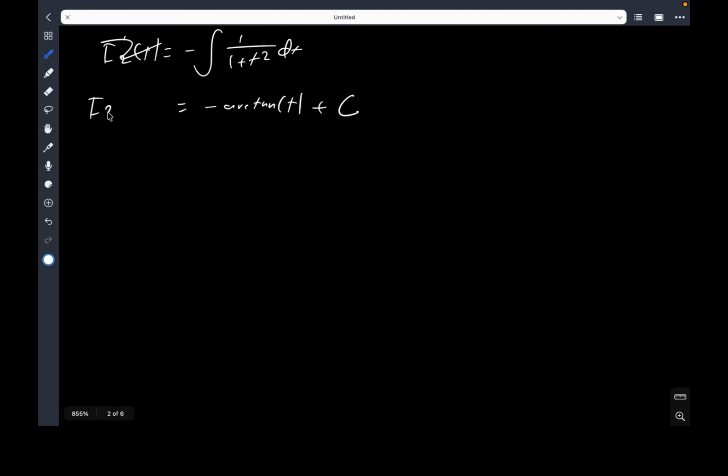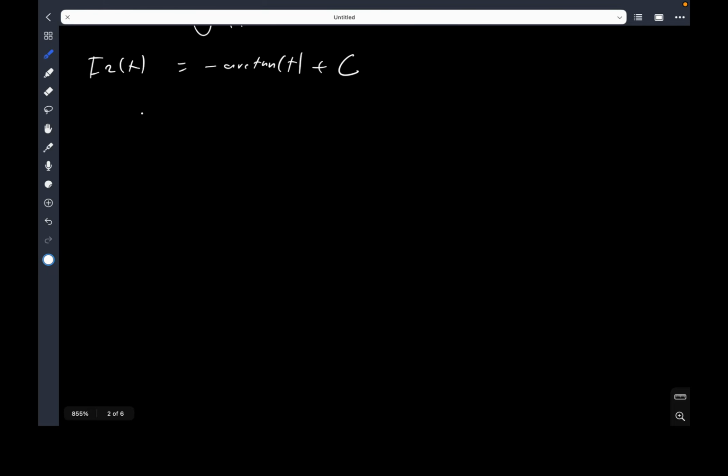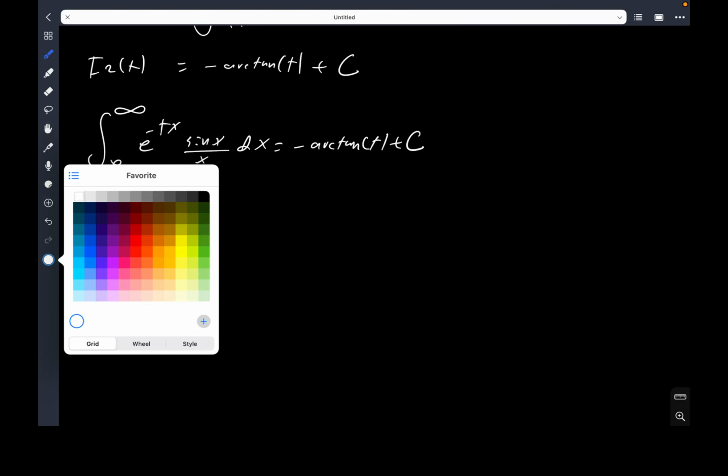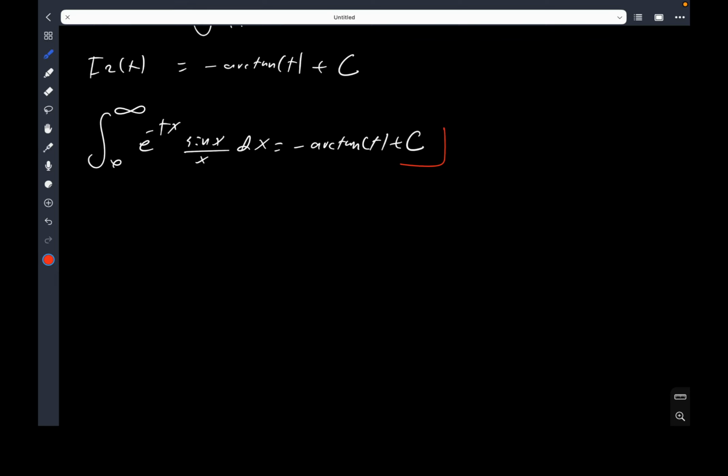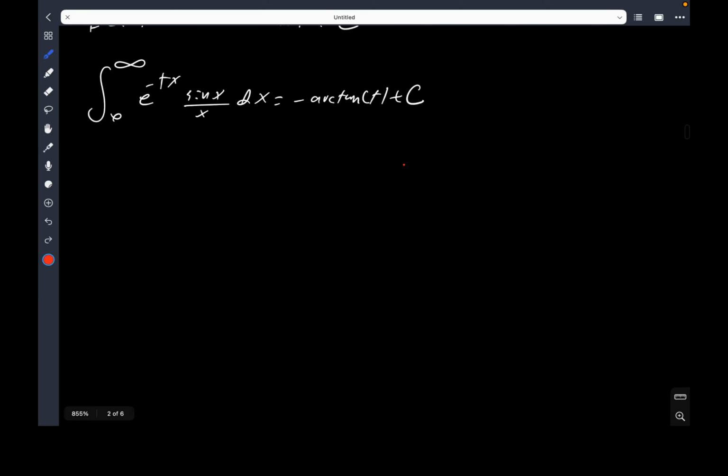Now my I2 of t is going to be this. Remember the I2 of t, the integral from 0 to infinity of negative e to the tx sine x over x dx is negative arctan of t plus c. So now I'm going to take the limit for finding this constant of integration, because it's very important.